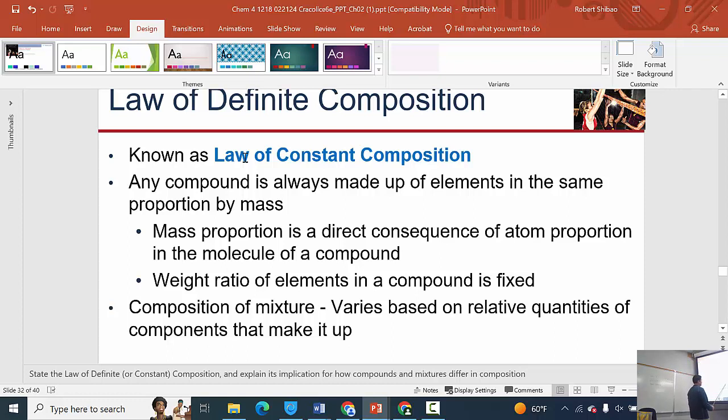What it is if you believe in infinitely divisible matter, that is, if you didn't believe in atoms, then it would be harder to argue about the law of constant composition, because if you're trying to mix, let's say, flour and sugar.